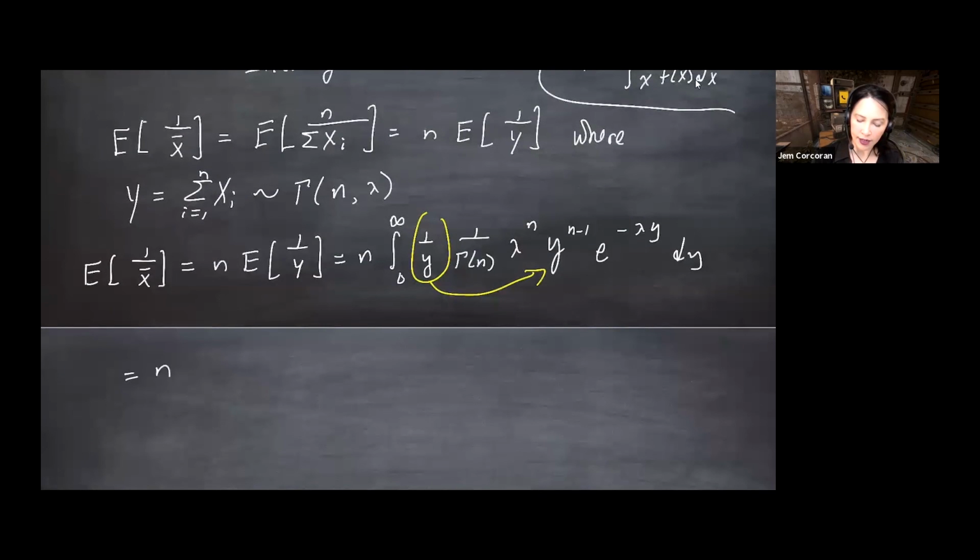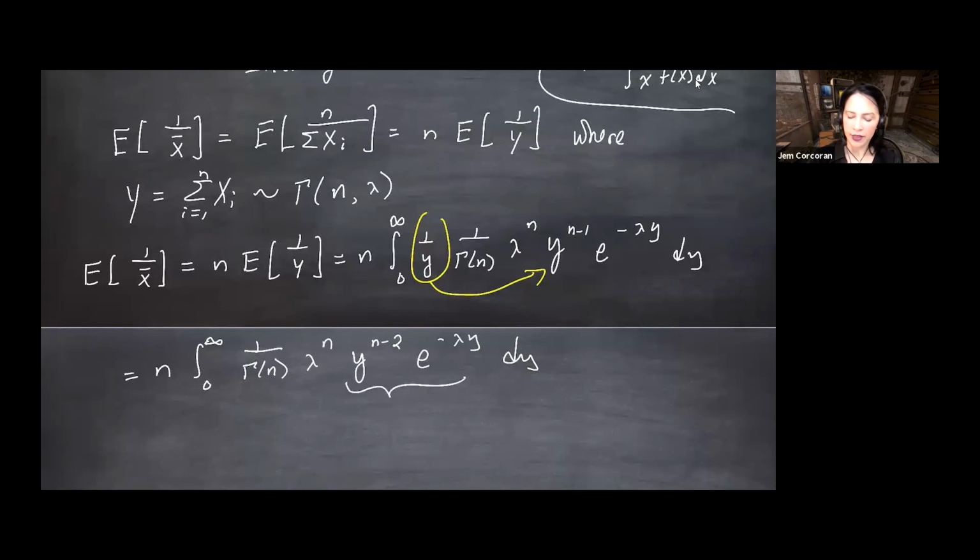So I have n, the integral 0 to infinity, 1 over gamma of n, lambda to the n, y to the n minus 2. And then if you just look at the y part and ignore the constants, this looks like a gamma n minus 1, lambda PDF.